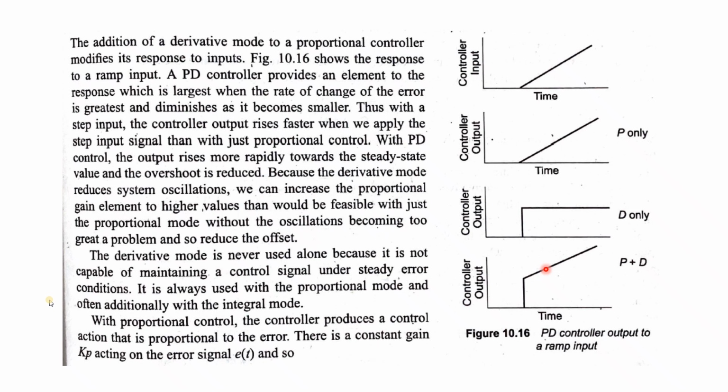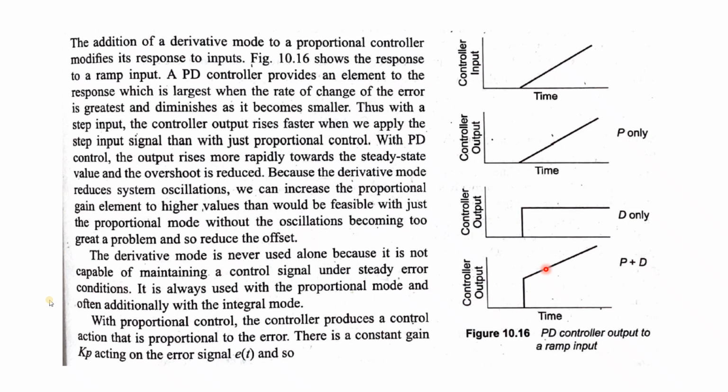So the derivative mode is never used alone because it is not capable of maintaining a control signal under steady state error conditions. So it cannot give a control signal solely, because when there is a steady state error, it cannot be applied single.